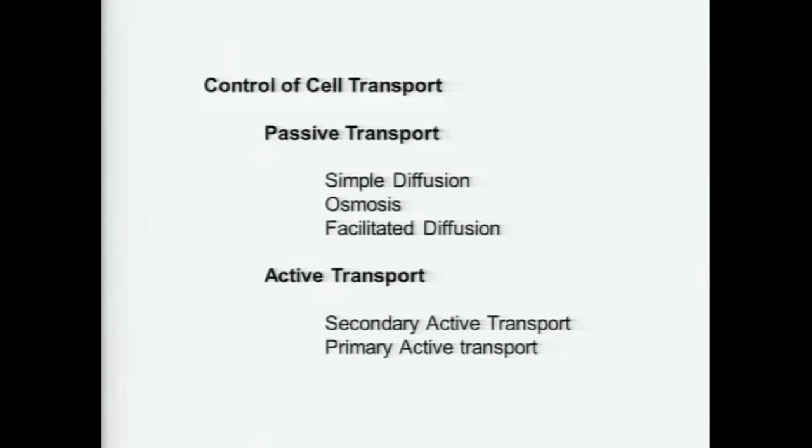But controlling of cell transport includes passive transport, active transport, and obviously for the passive transport, this kind of transport is going to happen one way or another, but for this active transport, it's going to rely on the cell's source of energy, right? And so if a cell is in a state of energy crisis, obviously its ability to carry out active transport is impaired, and there's lots of consequences to that.